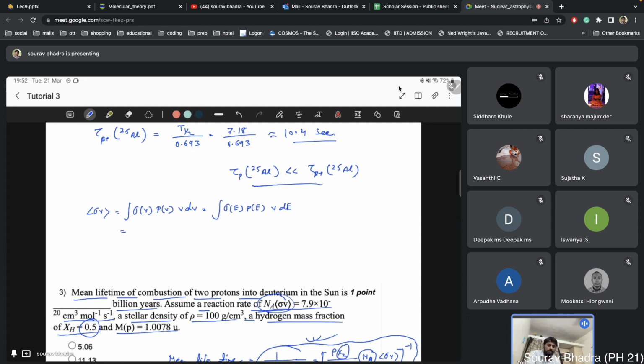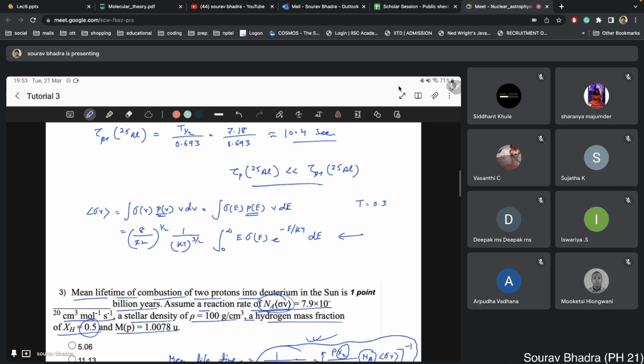The main point is that P is the probability distribution function of the Maxwell-Boltzmann distribution, and if you write it in a correct way, it will be (8/πm) to the power half, (1/kT) to the power 3/2, integral from 0 to infinity of E sigma(E) e to the power minus E/kT dE. The main point of writing this equation is that here the T was given as 0.3 gigakelvin.